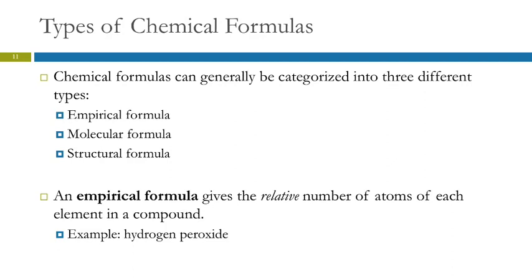Empirical formulas show up a lot in general chemistry classes. We need to know what they are. Once we get past that understanding, we actually don't use them all that much. But because we're in a general chemistry class, we do have to study them. So hydrogen peroxide, its empirical formula is HO.